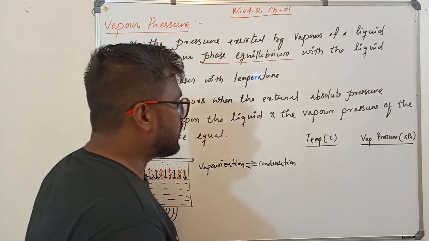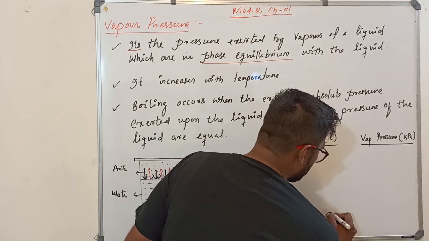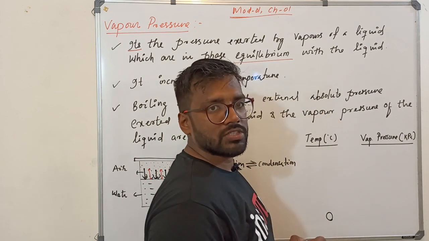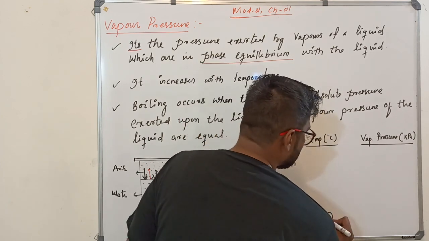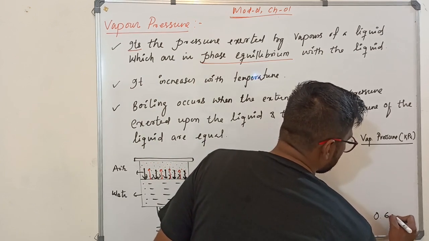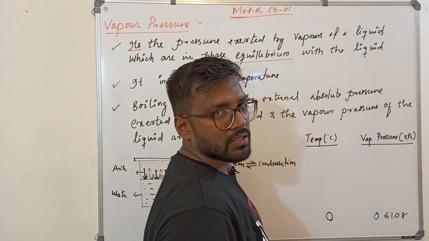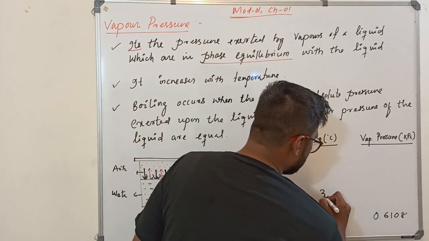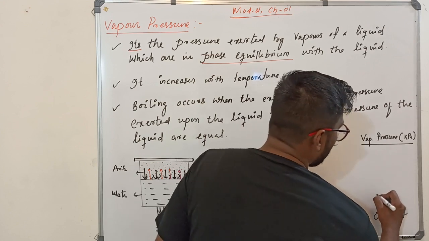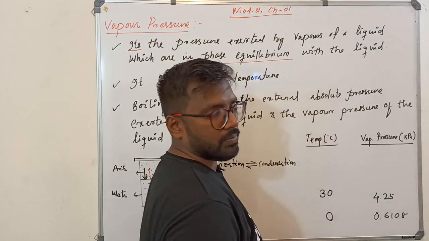So it increases with temperature. These values are for water. At 0 degrees Celsius, the vapor pressure of water is 0.6108 kilopascal. At 30 degrees Celsius, the value is around 4.25 kilopascal.